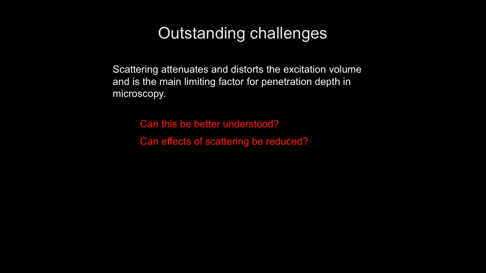Can the effects of scattering be counteracted? Can they be preempted? Or can they just be dealt with? Are there detection schemes that are smarter than we currently have that can actually cancel out scattering? Who knows? These are things to think about. And of course, the overall goal is to do that and to go deeper. Okay?